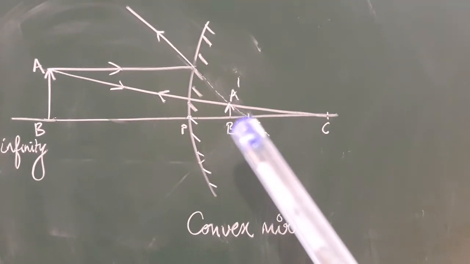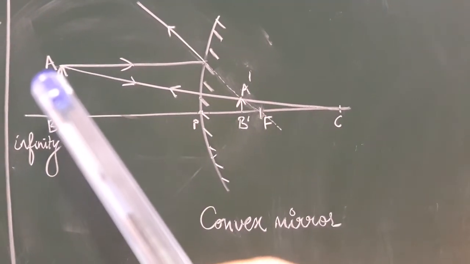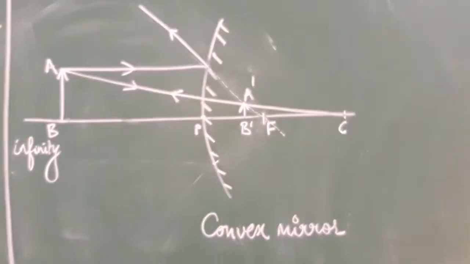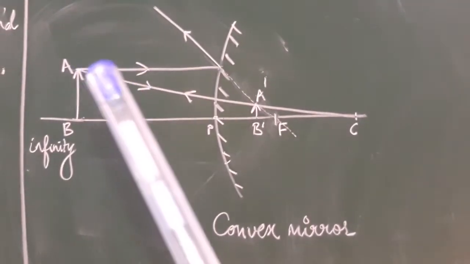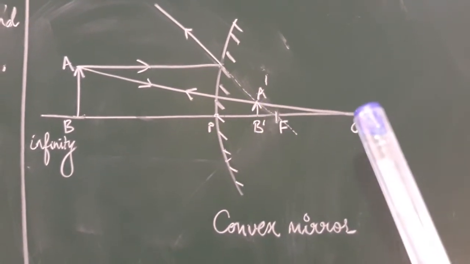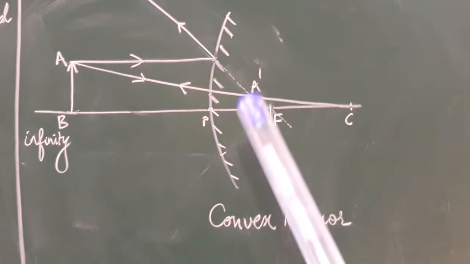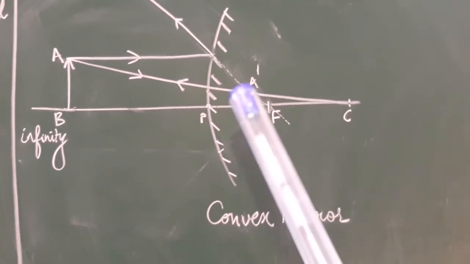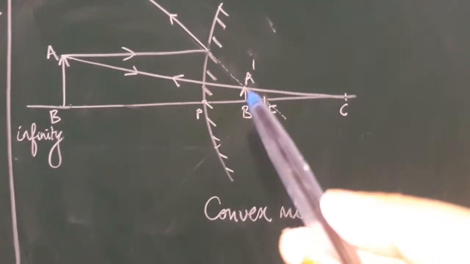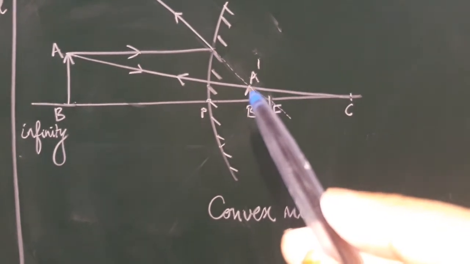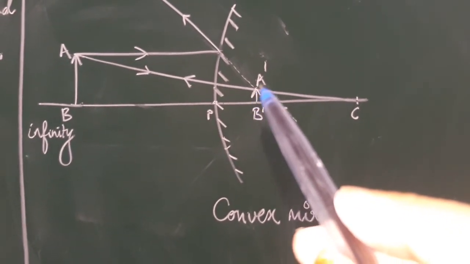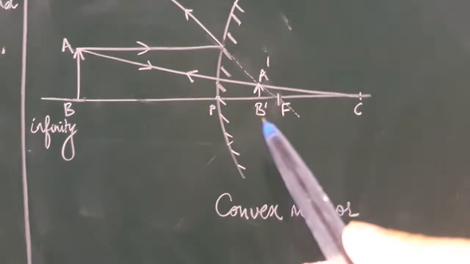Okay, again rule number 2, ray passes through center of curvature. Another ray passes through center of curvature, undergo undeviated. These two rays appear to meet at the point, this is the point. So this is the point of the image and mark it as A dash B dash.